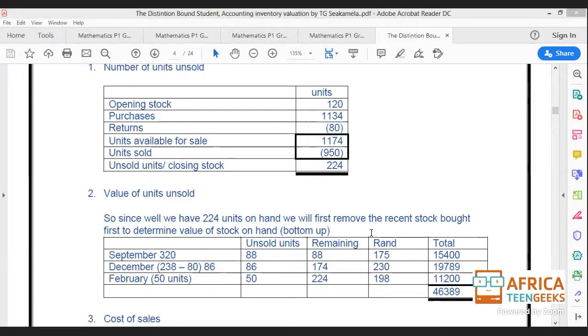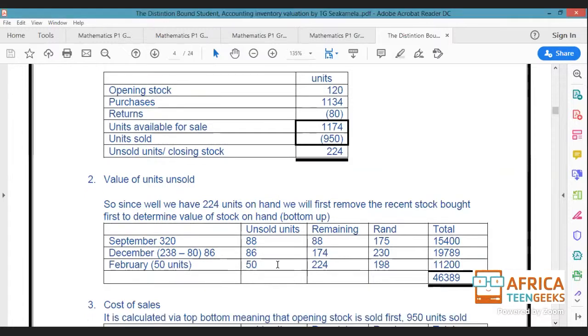Okay, cool. For number 2, now, we know that we have unsold 224 units, but number 2 wanted the value of the unsold. Number 1 wanted the number of the unsold units, right? So basically, in September, you had 88 unsold.